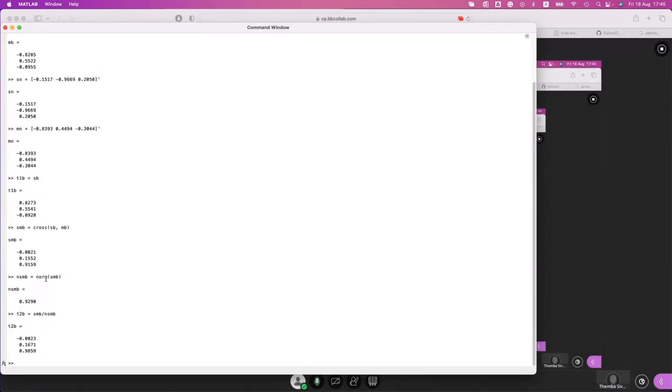So this is your T2B value. Okay. So we've got this T2B. Now we need to obtain our T3B. What is our T3B going to be? From our equation, T3B will then be equal to the cross of your T1B and your T2B, right? This is your T3B.